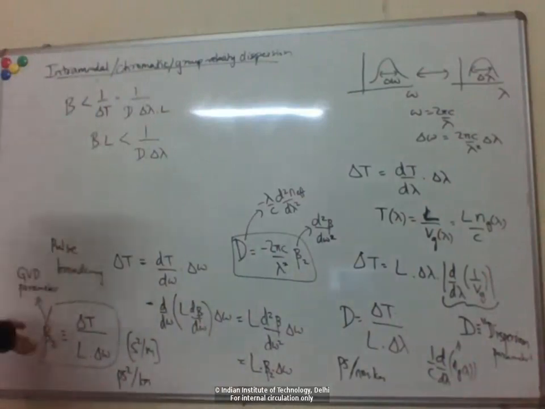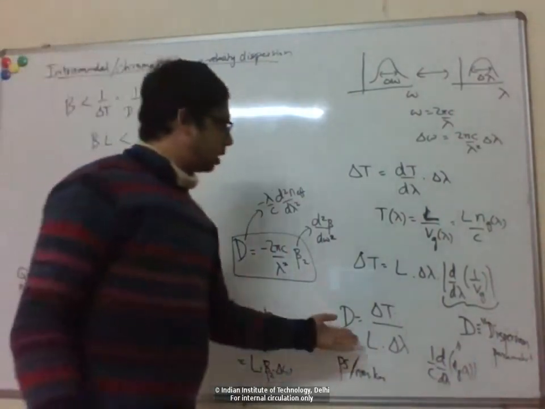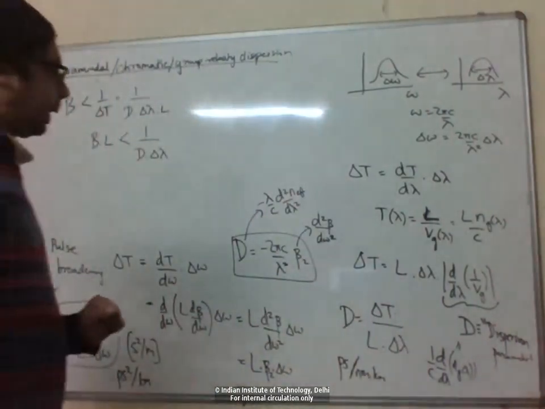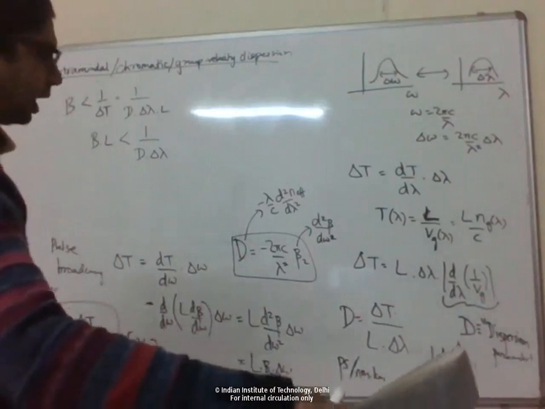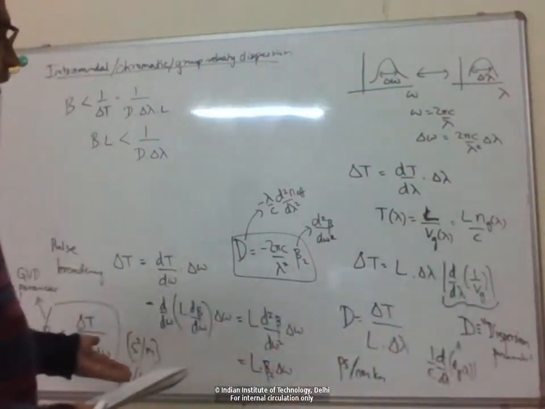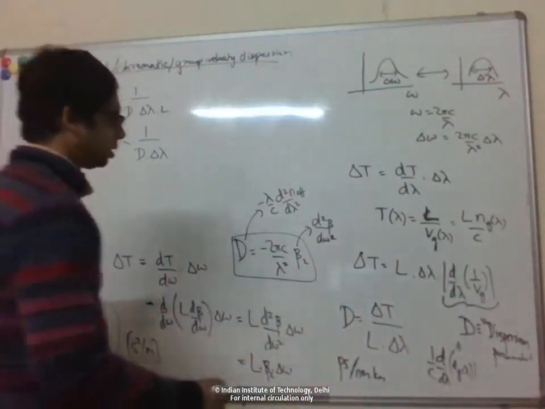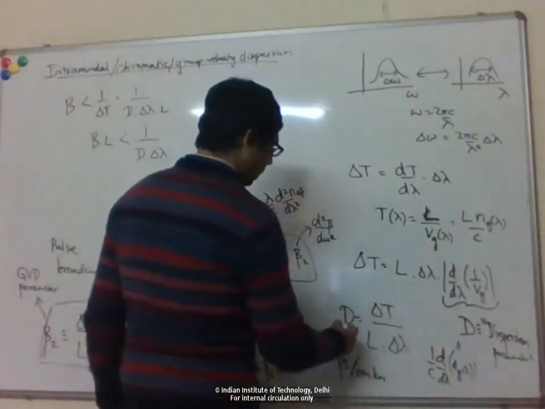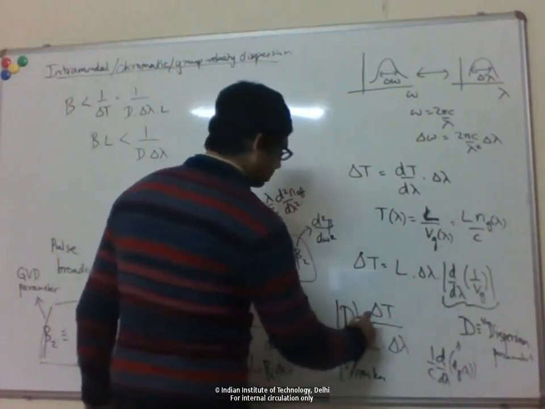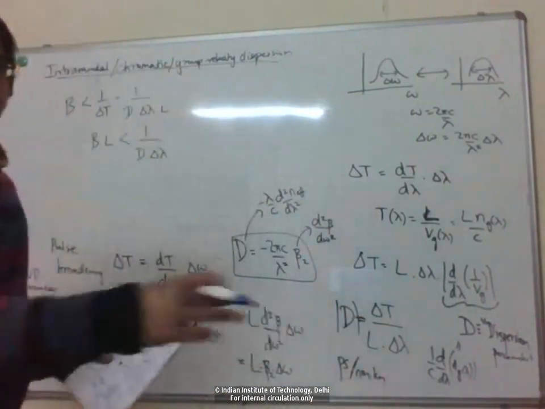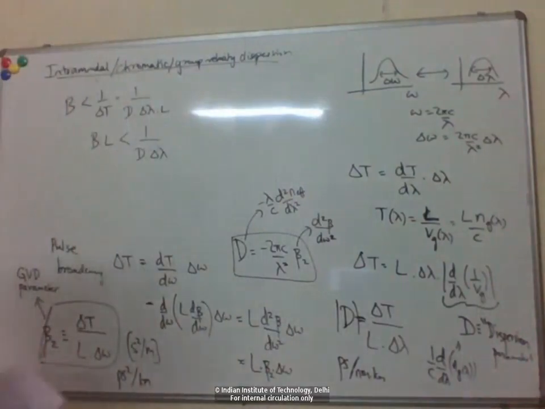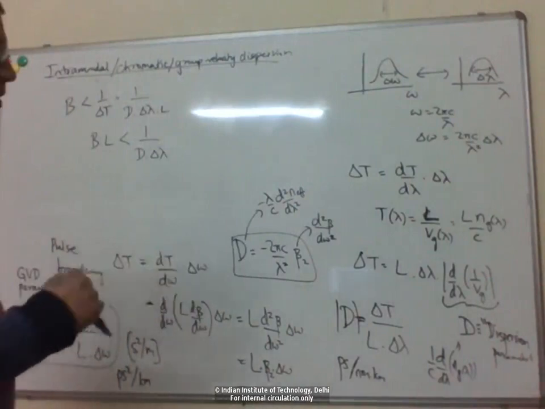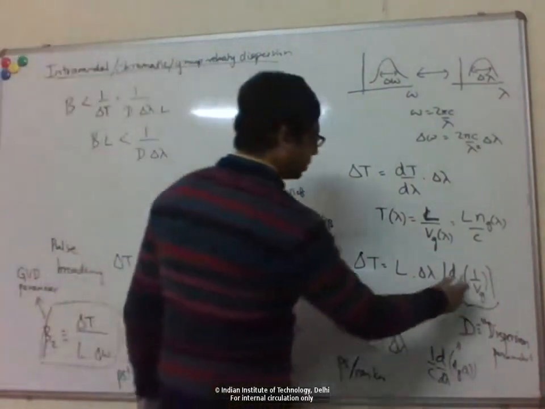So each of these, beta 2 or D, can be positive or negative, right? But it's not that a positive value gives you broadening and negative will give you compression, because this is magnitude, so it doesn't matter. Both positive and negative values will give you broadening. The sign just tells you which frequency components will travel faster or slower.